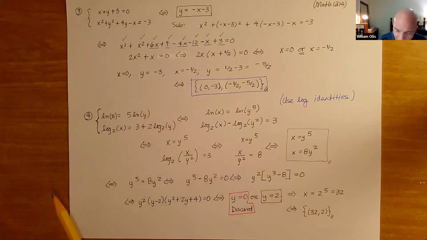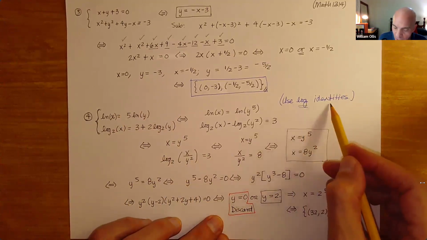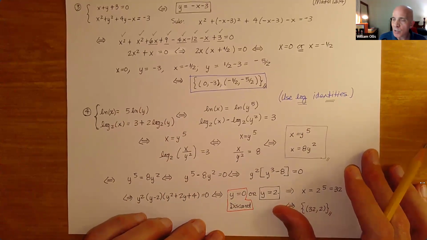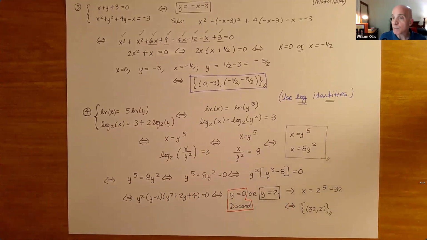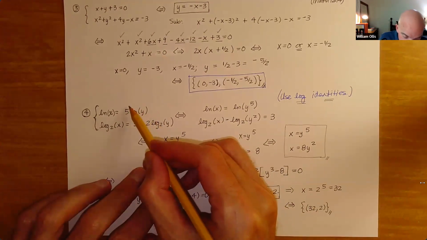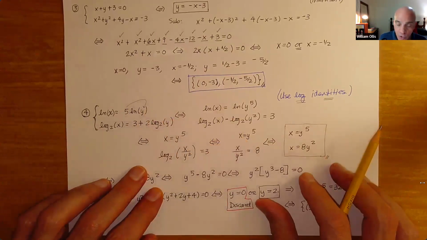Now, how you proceed at this point usually means that you would need to use, as I've written here in blue, the log identities. So by doing that, you can open the door to a substitution that will help you solve the problem. So notice the first thing I want to do here is use the power rule, that is to bring the coefficient here to the power of the argument.